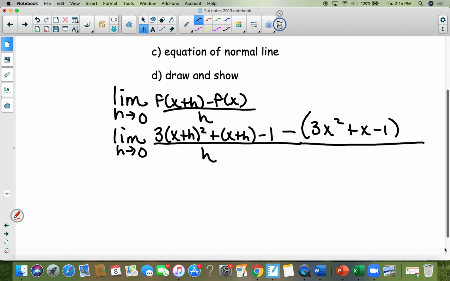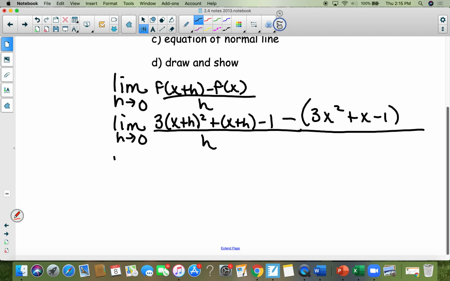This is way better than what I was gonna give you. Way better means way larger. You guys ready to go? Okay, this is 3x squared plus, isn't that 2xh's? 2xh's times 3 is 6xh plus h squared, which is 3h squared.